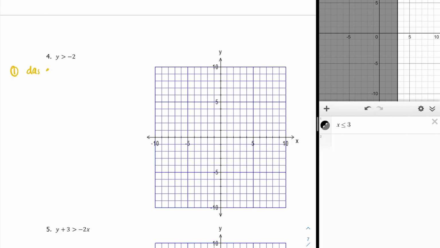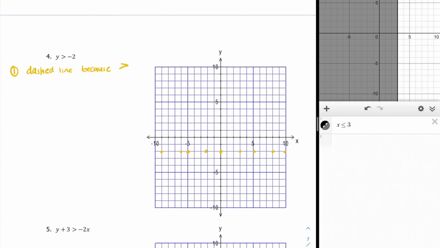Our first step is to determine, is it solid or is it dashed? Hopefully we can see that it is going to be a dashed line because our inequality does not have that equal to portion at the bottom. When we graph this, we are finding the place where y is equal to -2. So y is equal to -2 there, or there, or there.